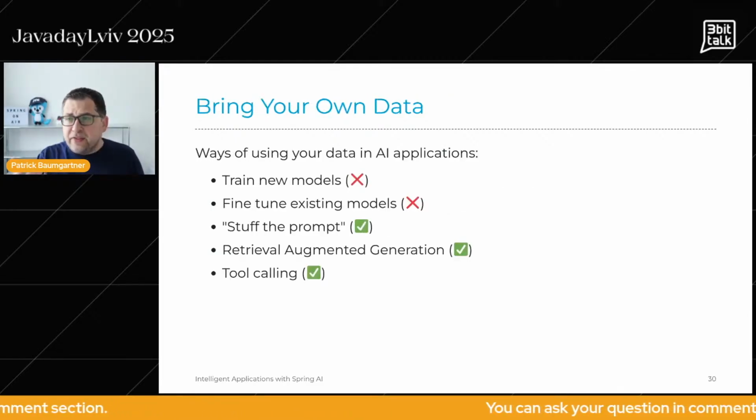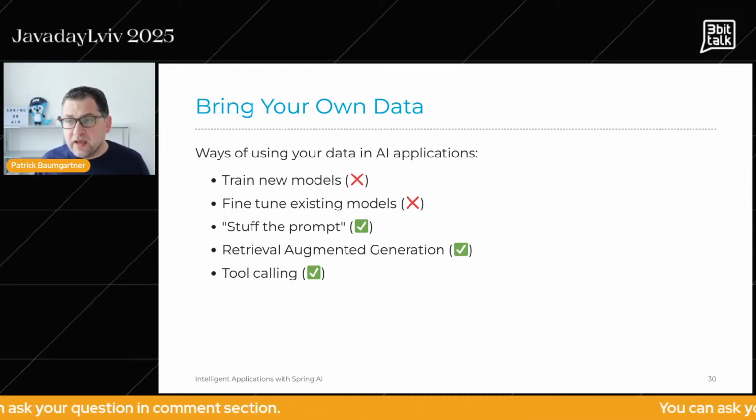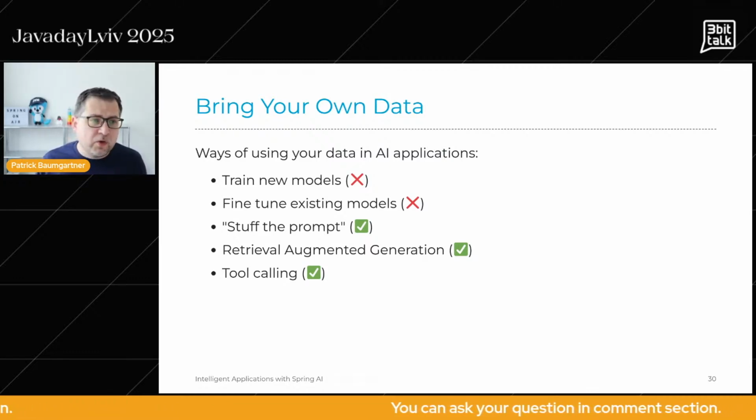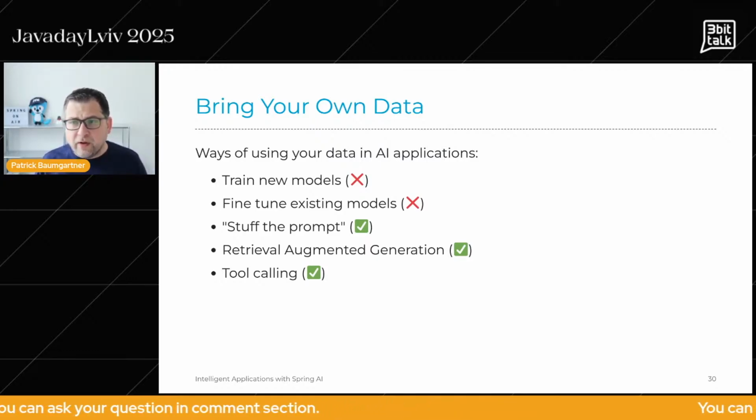So regarding bringing your own data, yes, we cannot train our models because that would probably be too expensive for most companies. Fine-tuning is still possible. You get your own deployment and you could still fine-tune the model, maybe adding two more layers on top of it and so on. But that needs quite a lot of knowledge.